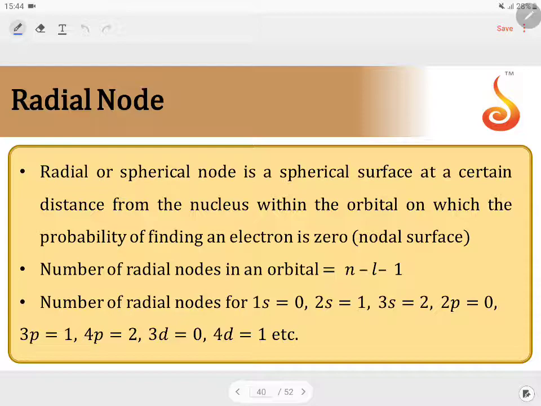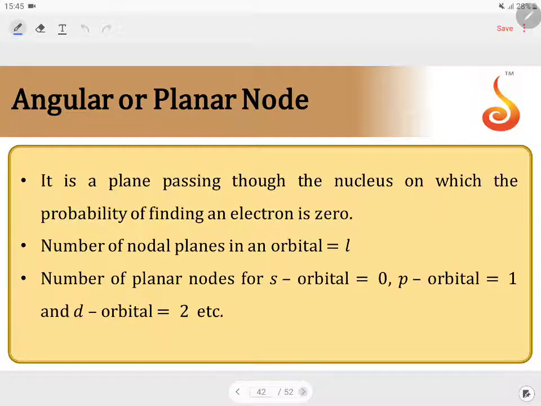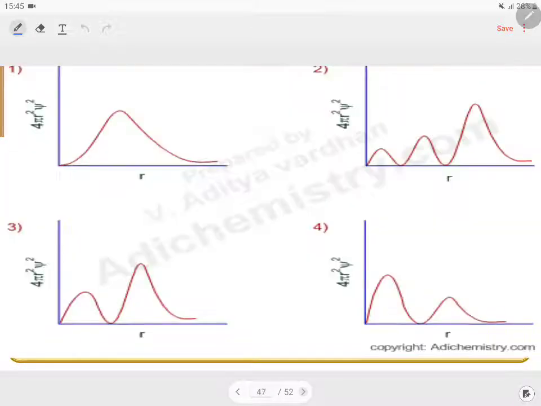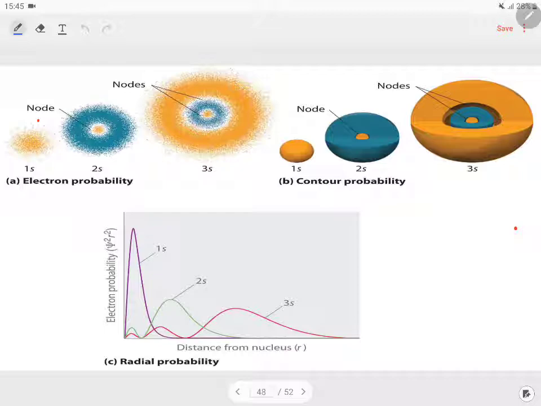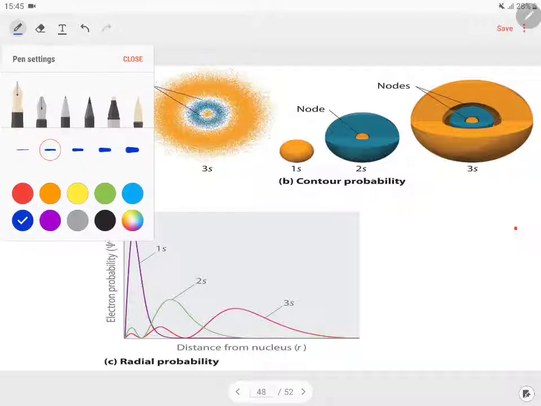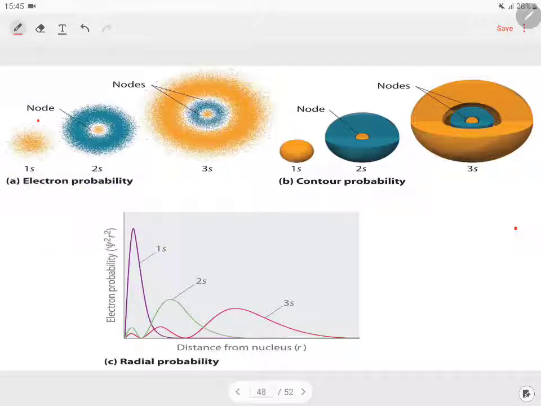Now, if you consider a radial node, let us take a quick diagram here. So this is the diagram which I want to speak of. This is a representation of a radial node. When I say radial node, there is a radius. We are thinking of a spherical surface.